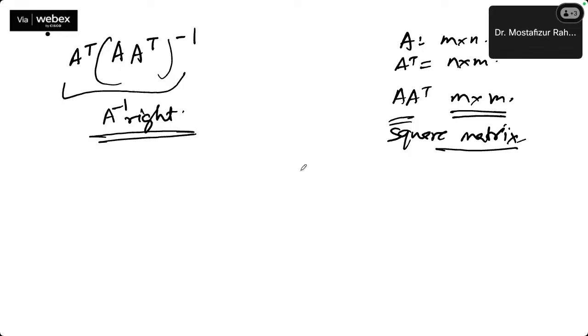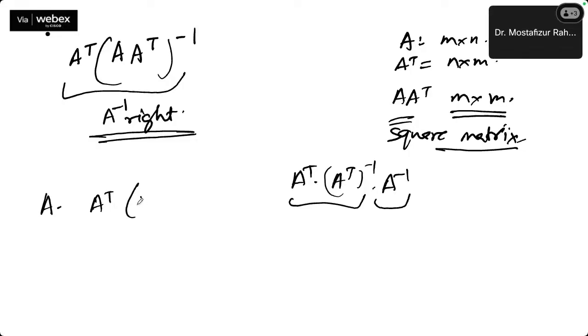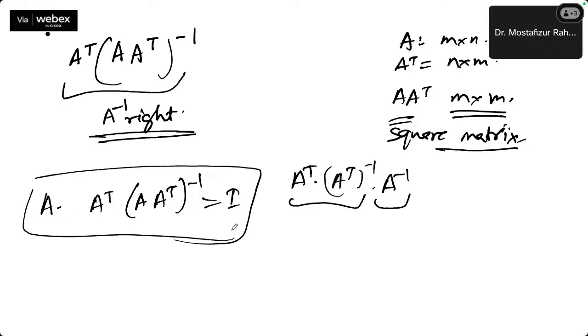Roughly, A transpose inverse times A transpose is identity, so I am left with A inverse, which is what I want to compute. So A times A transpose, A A transpose whole inverse, is identity. It is justified, and that is why this is called the right inverse matrix.